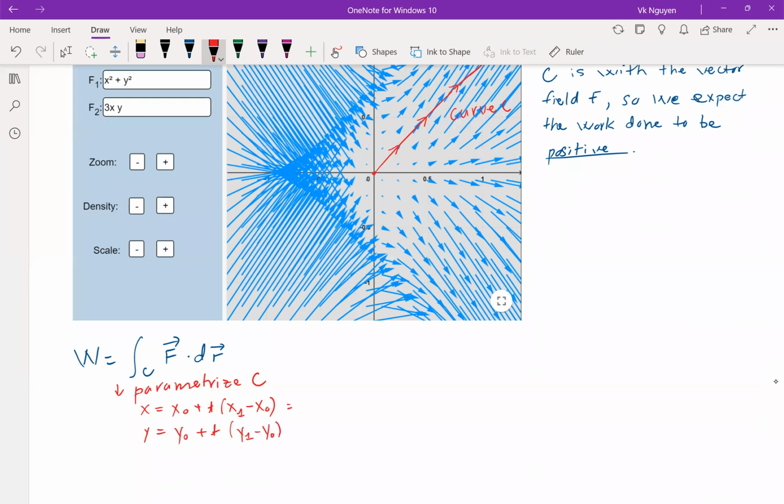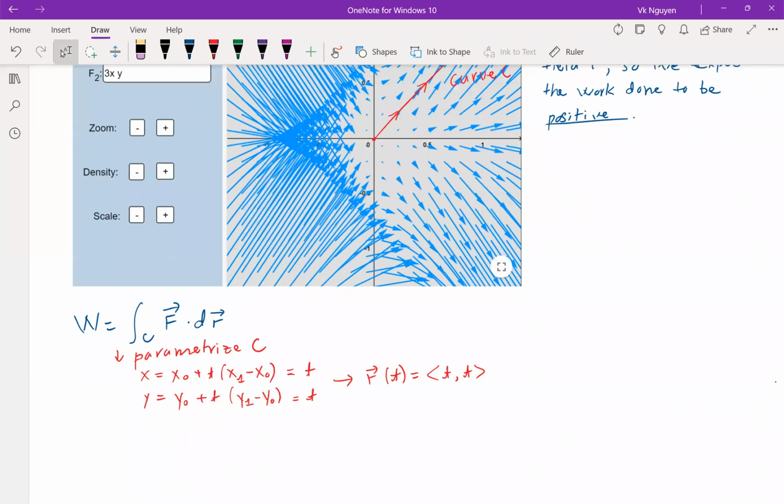And if you do the substitution, you see this is t, right? So from here, you get r(t).